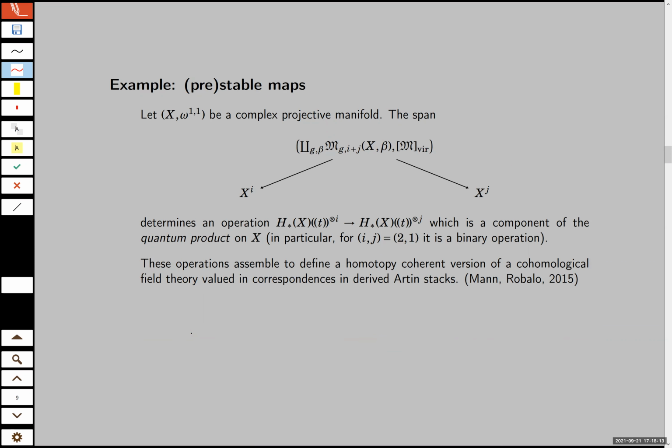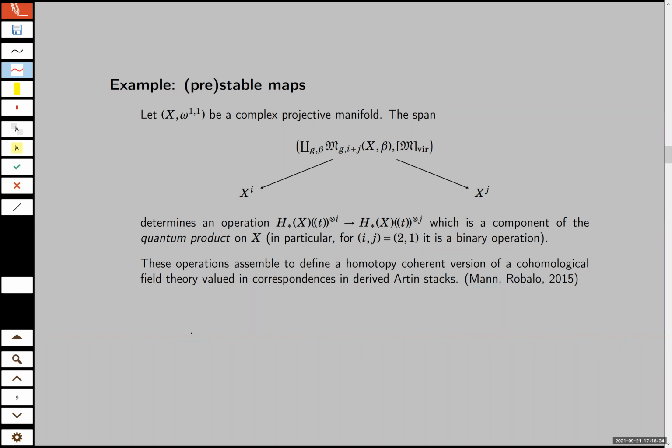And then the final example is another step in the same direction. Pre-stable maps, as we will see, is the structure that defines quantum cohomology, which is the algebraic structure satisfied by Gromov-Witten theory.